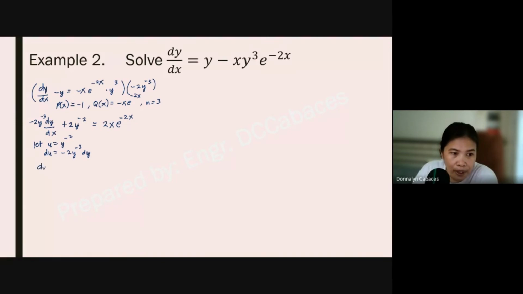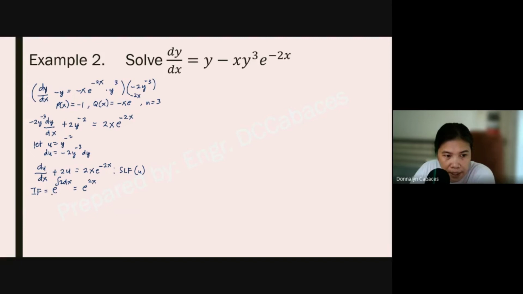So you now have the derivative of u with respect to x plus 2 times u is equal to 2x e to the negative 2x, which is again the standard linear form in the variable u. So finding our IF, that is equal to e to the integral of 2 dx, or simply e to the 2x.